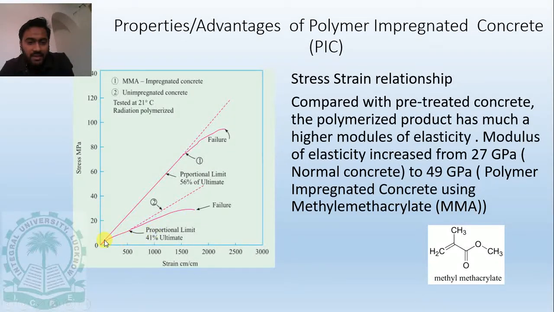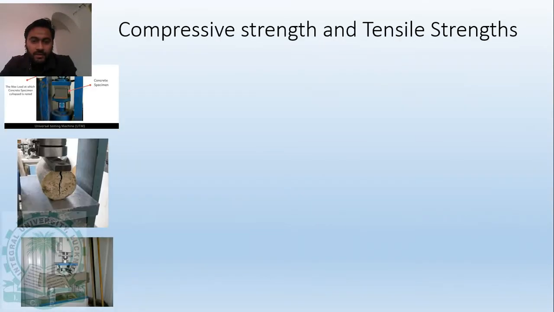What we can see is that the proportional limit is higher and the curve is more linear. The modulus of elasticity is increased from 27 GPa to 49 GPa when we use MMA loading. So obviously it is better compared to normal concrete.